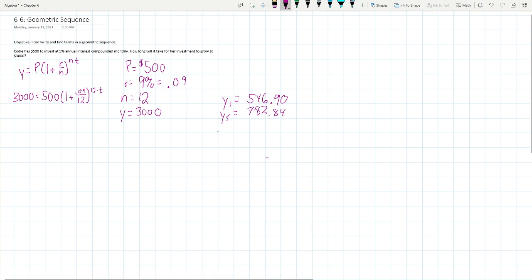At year 10, I'm at $1,225.60. I'm going to say 7 cents because banks don't like to give you extra money. If I'm at 15, $1,919.02.